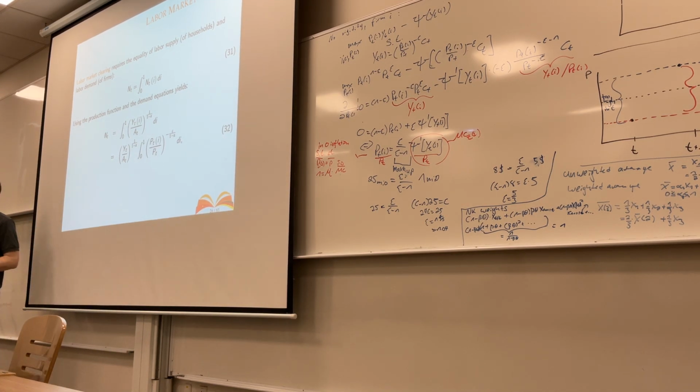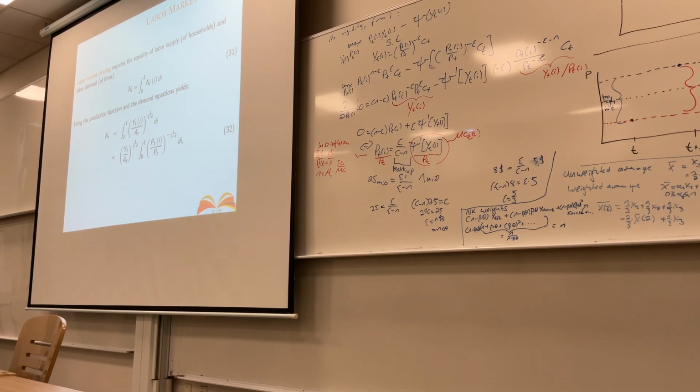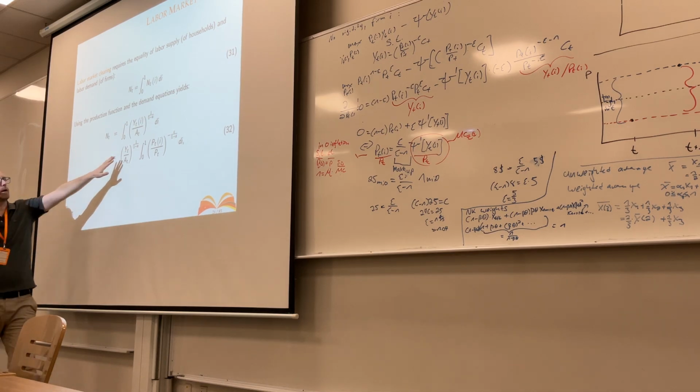Let's have all firms choose the same price, and this price is then equal to the price level. So if P_t(i) is equal to P_t for all i, then this is equal to 1, and this whole term is equal to 1. So the aggregate production function is completely analogous to the firm level one.